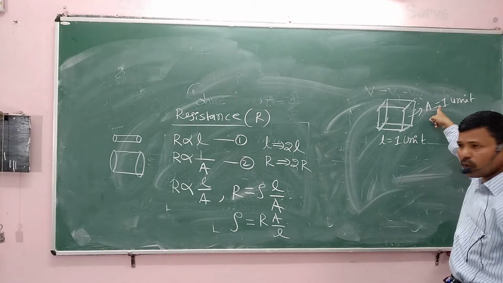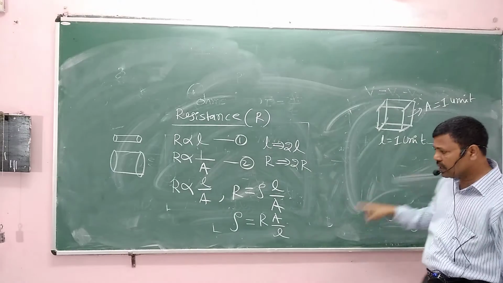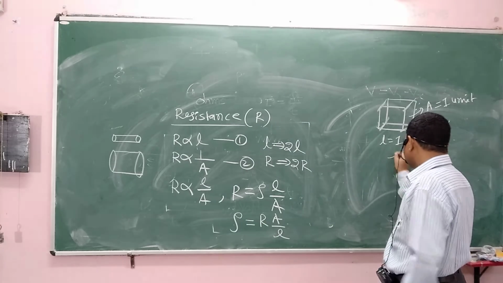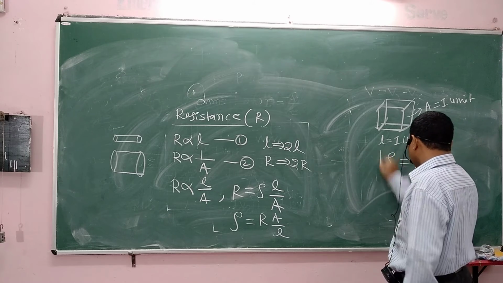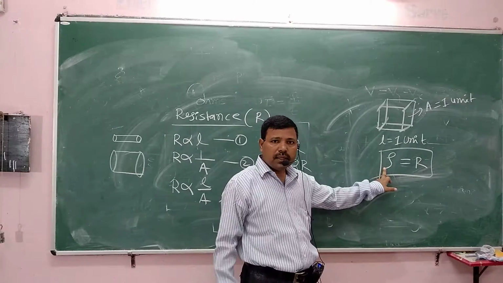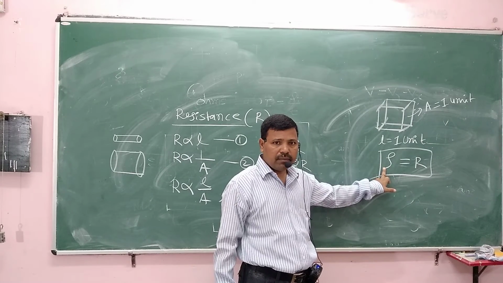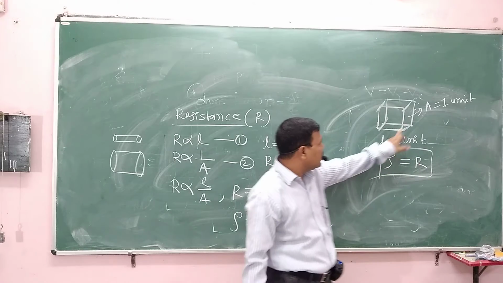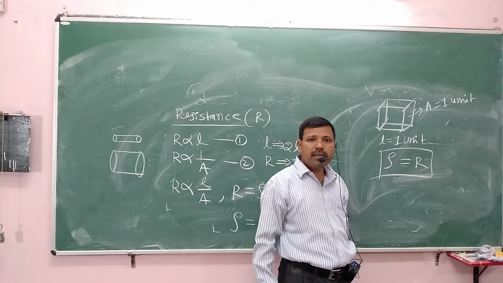If A is 1 unit and L is 1 unit, A is 1 and L is 1, then rho is equal to R. What is this? Resistivity of a material is the resistance of the material when the material has unit dimensions.